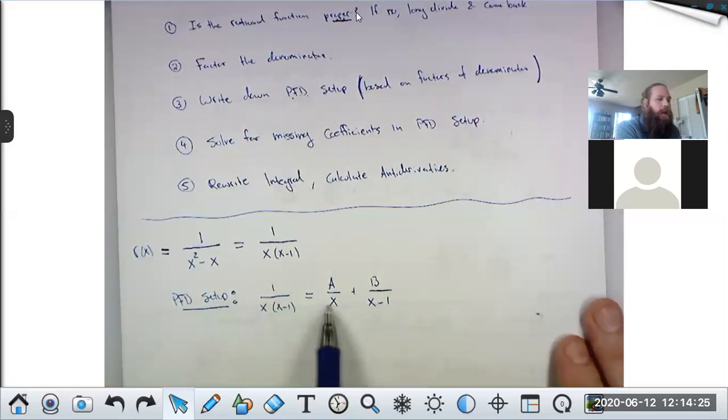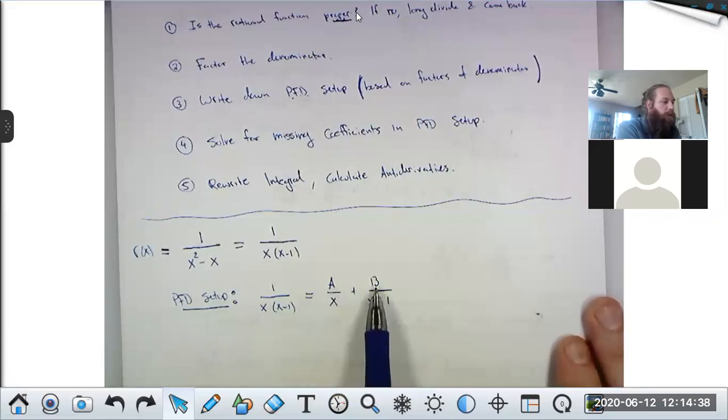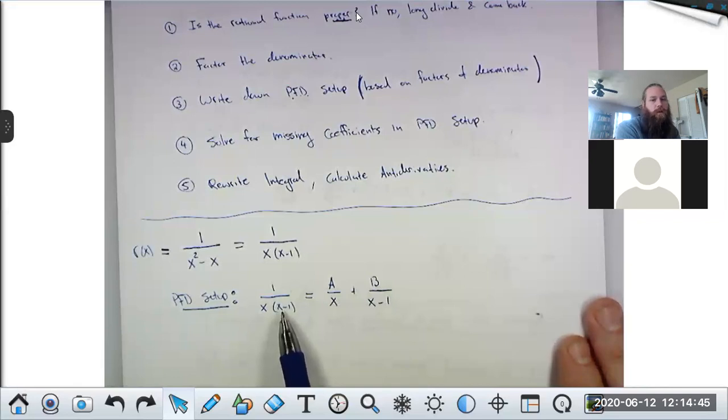I know that if I add two things up that look like this, I need to have a common denominator, and that common denominator is going to be x times x minus 1, because that's the denominator of each of these pieces. So I'm asking, for what constants a and b is it true that a over x plus b over x minus 1 is equal to 1 over x times x minus 1? That's the idea. Linear algebra guarantees that there are such constants. The question is, what are they?